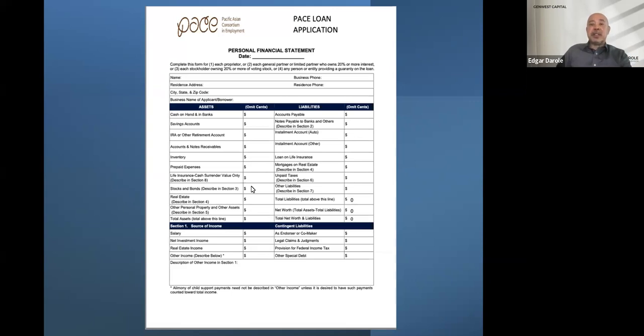So cash in banks, savings accounts. If you have a retirement account, mostly if you have an established IRA or 401k, you have to list it there. Accounts and notes receivable. A lot of people are asking, what are those?